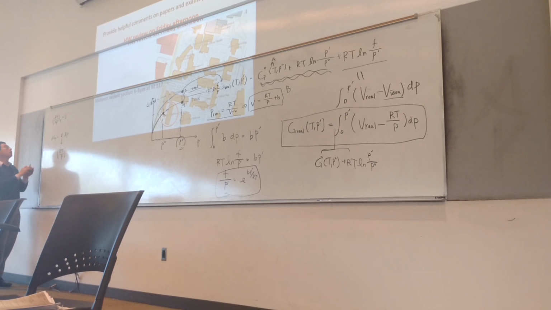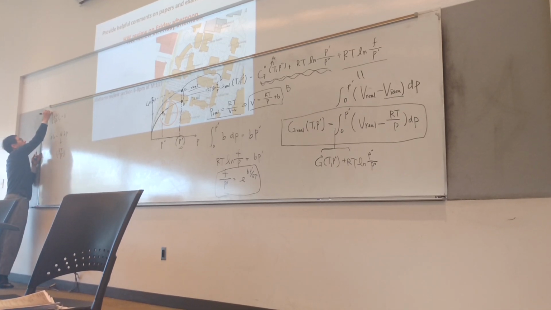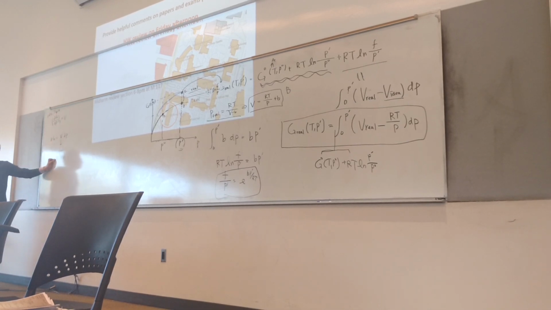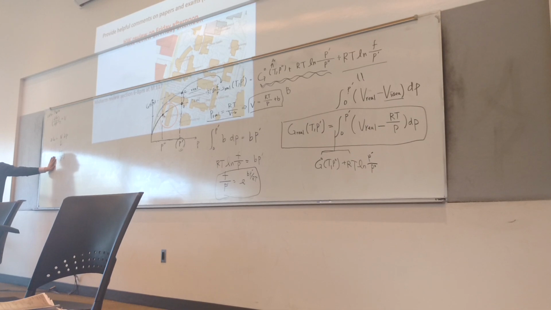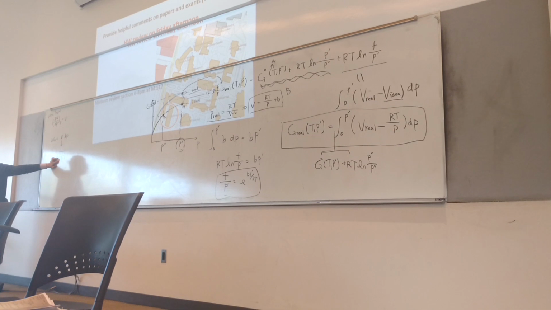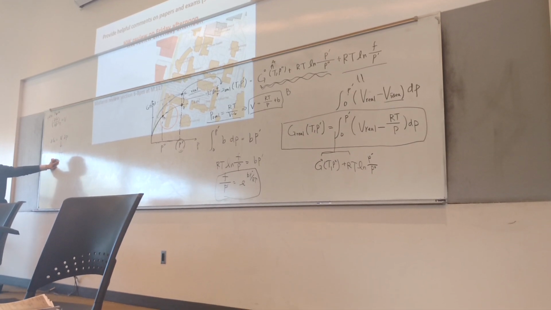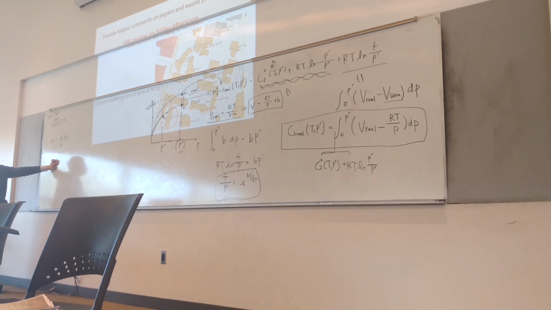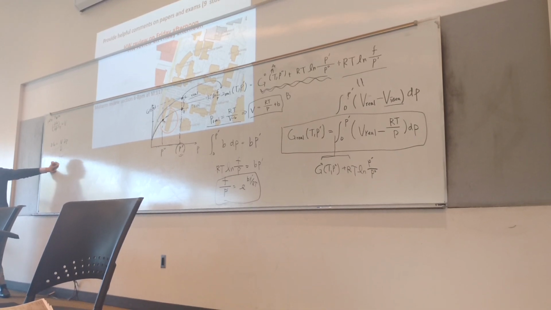But if today you are a solid or liquid, can you do this? If you have a solid or liquid, can you write V as a function of RT over P? It's not gas anymore, right?